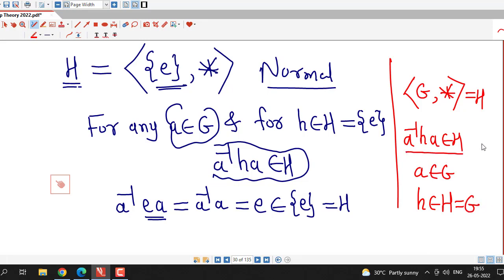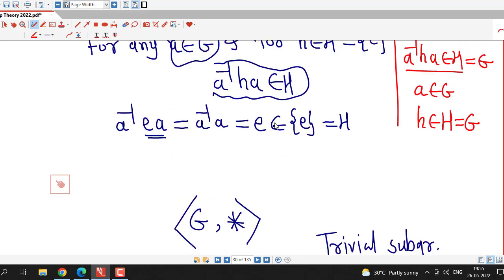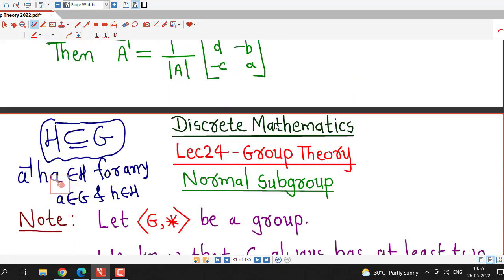So every group has at least two normal subgroups. One is the subgroup containing the identity element only, and another is the group itself. These two are known as trivial normal subgroups.